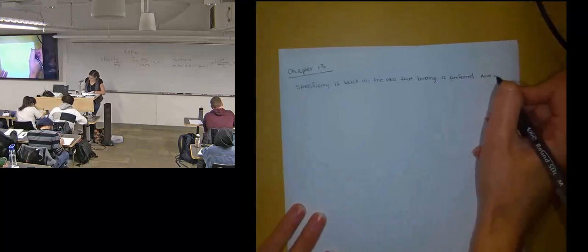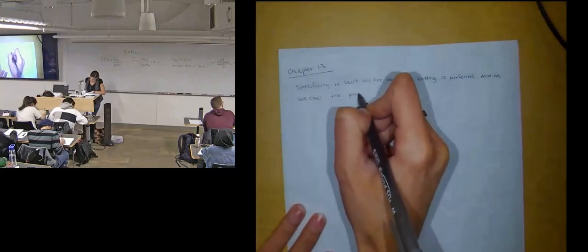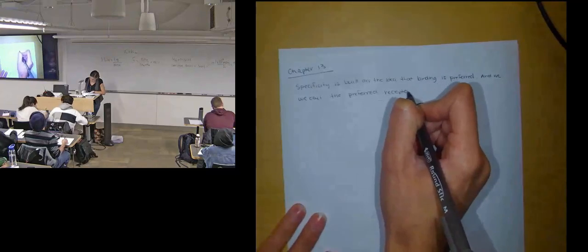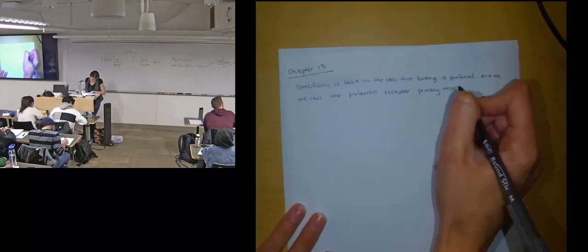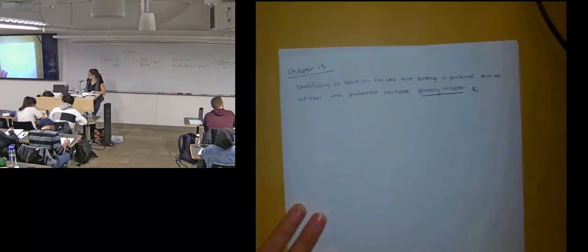And we will call the preferred receptor our primary receptor, or R sub naught. R naught is our primary receptor.